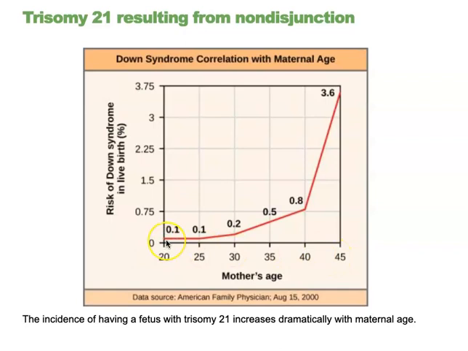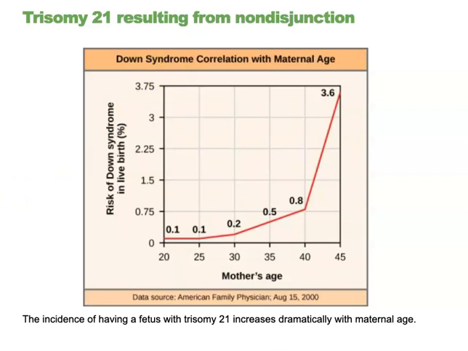The frequency earlier in age of a non-disjunction resulting in a Down syndrome correlation is actually fairly low. However, as the mother ages, the meiotic consequence or the mitotic consequence of putting together that 21st chromosome actually seems to increase the likelihood that Down syndrome would be the actual effect, meaning this is what you would see in the progeny.